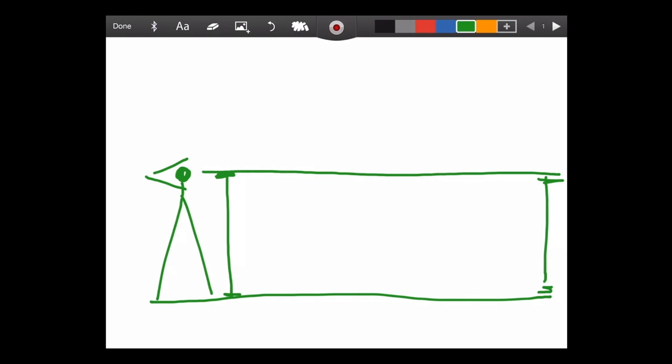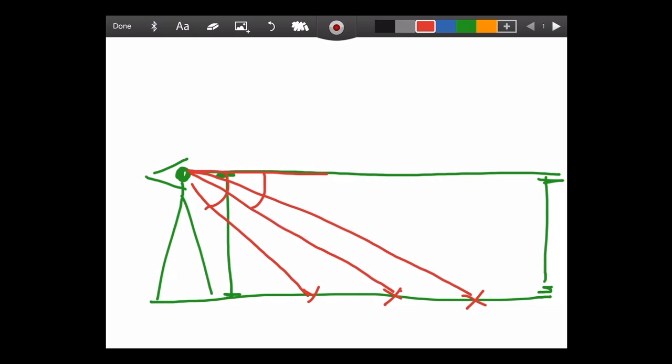Now, if we were to look down at objects on the ground, we would form an angle from our level of that. As the objects became further away, that angle would decrease and the objects would appear to rise up towards our eye level.